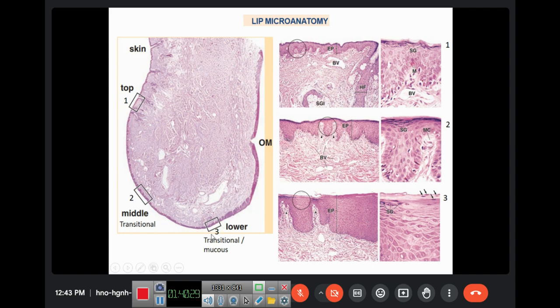In the part of the transitional zone near the mucous one, we have very high papillae, very thick epithelium, and epithelium changes from ortho-keratinized to para-keratinized with no stratum granulosum and cell nuclei present in the stratum corneum, and this para-keratinized epithelium will go next to the non-keratinized epithelium of the mucous part of the lip.